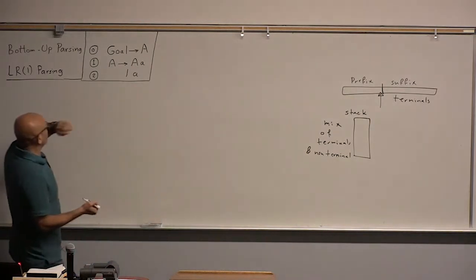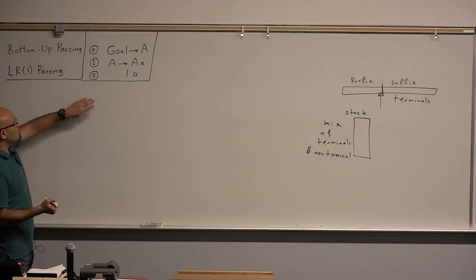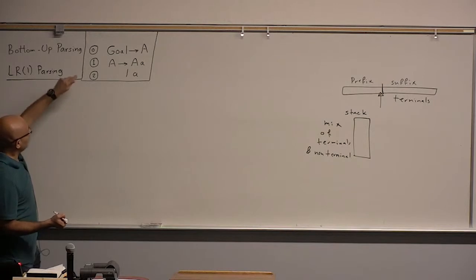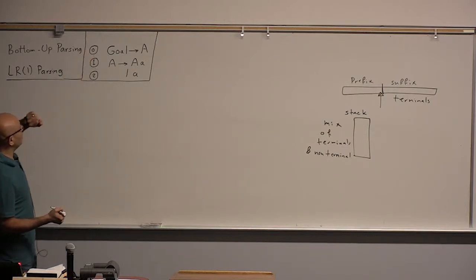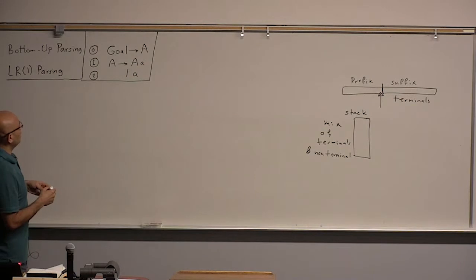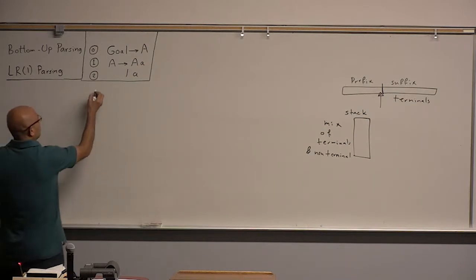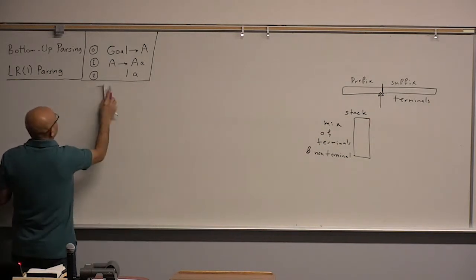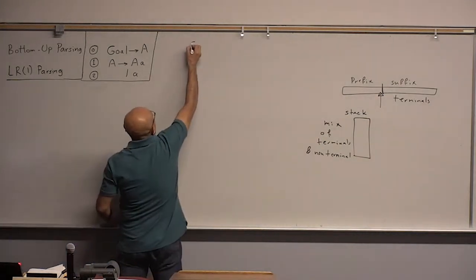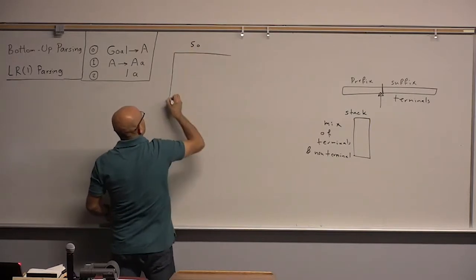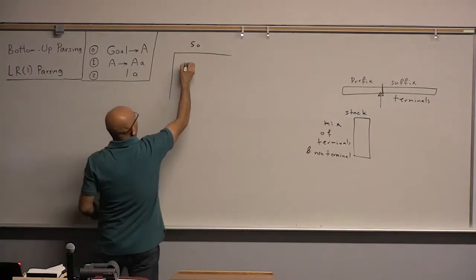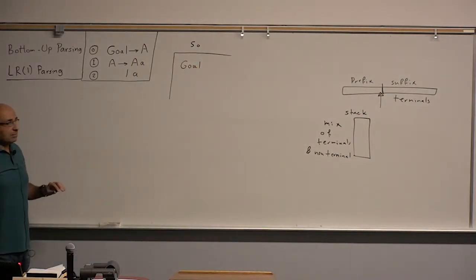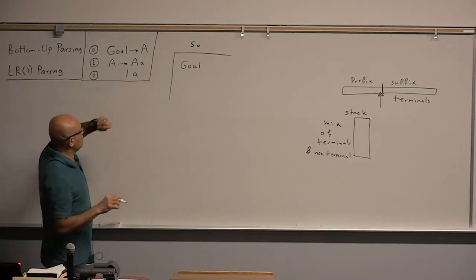Okay, so now how do we do this? Like we said last time, we track the progress that we are making on all productions in the grammar. Our start state, state 0, is going to be this. Goal, and we are at the beginning of A. This is going to be the first item in every initial state.